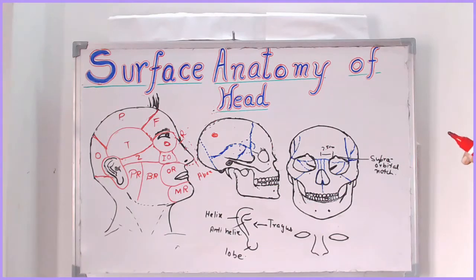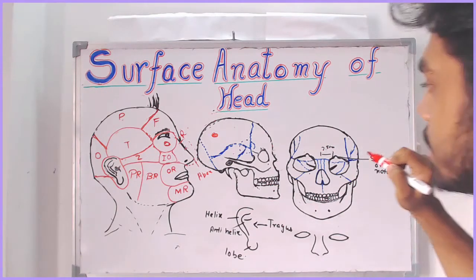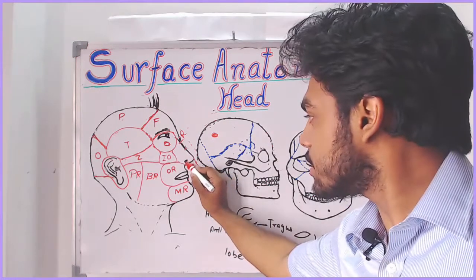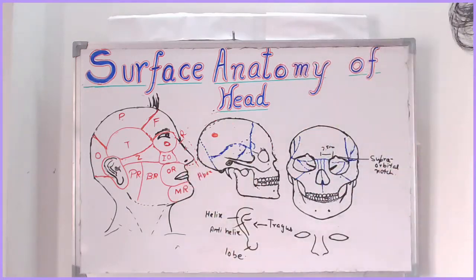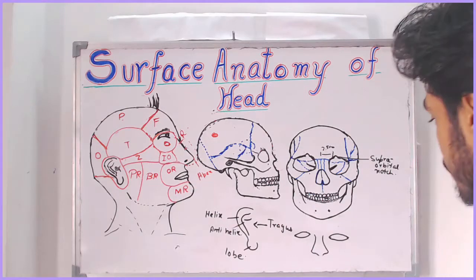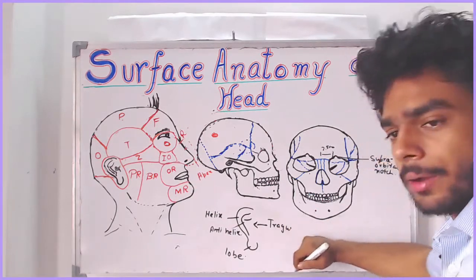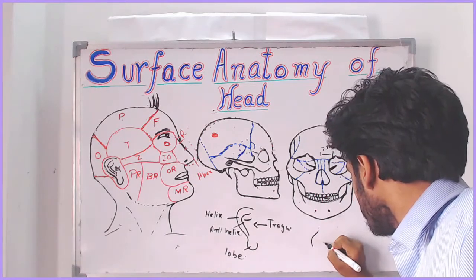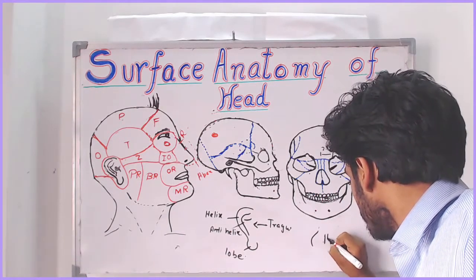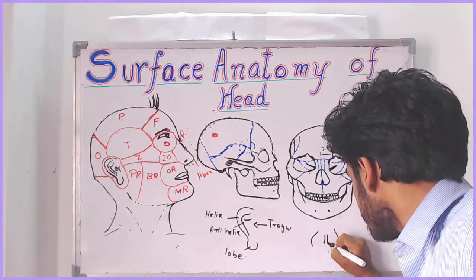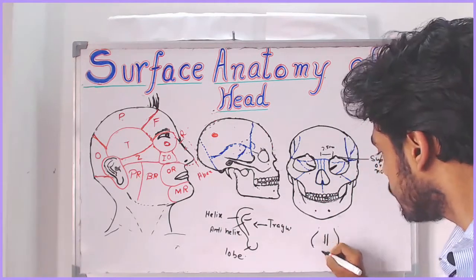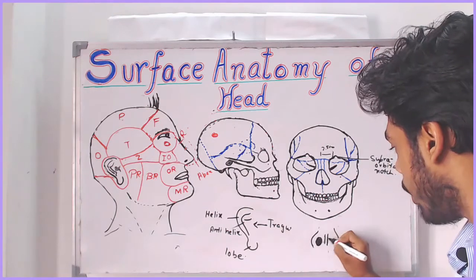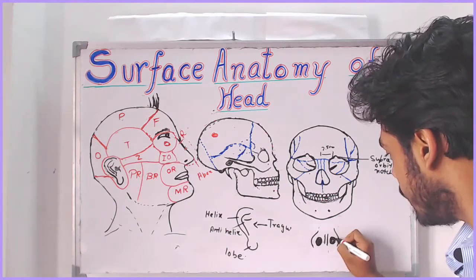The nostrils are separated by the nasal septum. There is a septum between the two nostrils. One nostril is on this side and the other nostril is on the other side, and there is a septum. Let's see it in this diagram. This is the ala of the nose laterally, and this is the aperture, the nostrils, or what you call the nares.